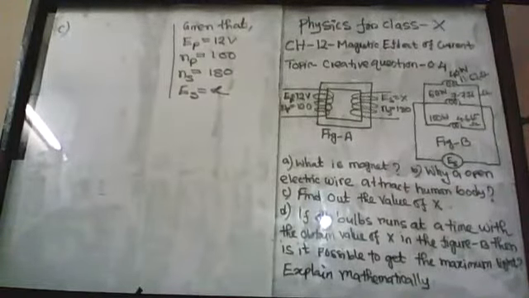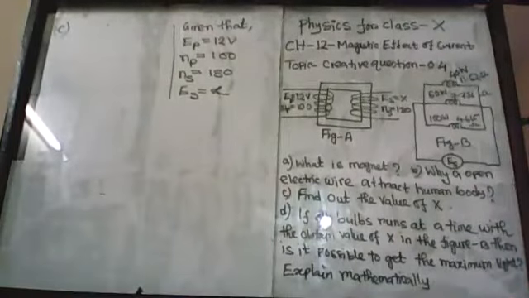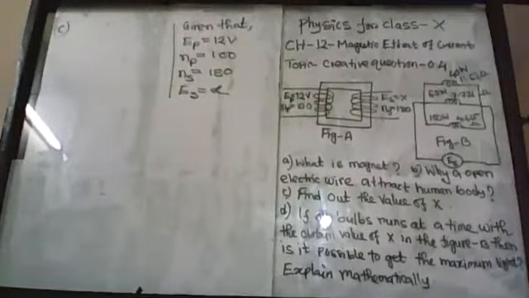But the question is, by using which formula do you find the value of X here? Remember, the main equation of the transformer is EP by ES equals NP by NS.